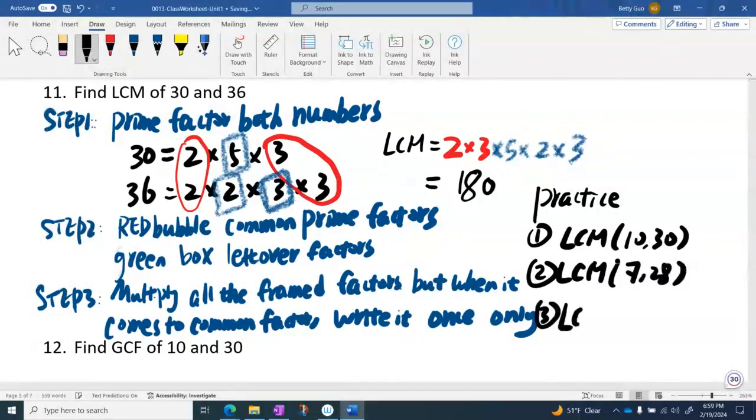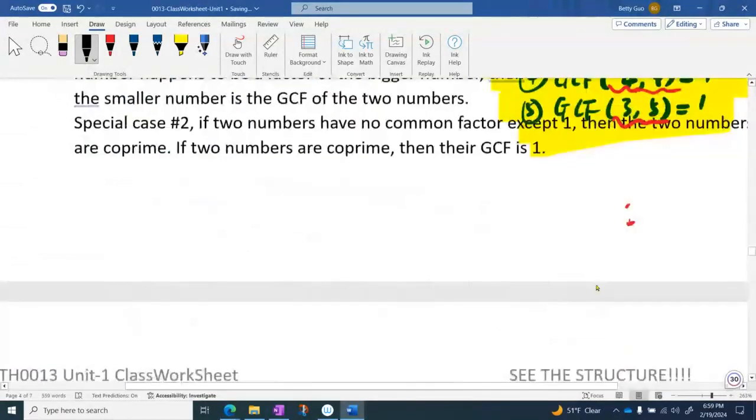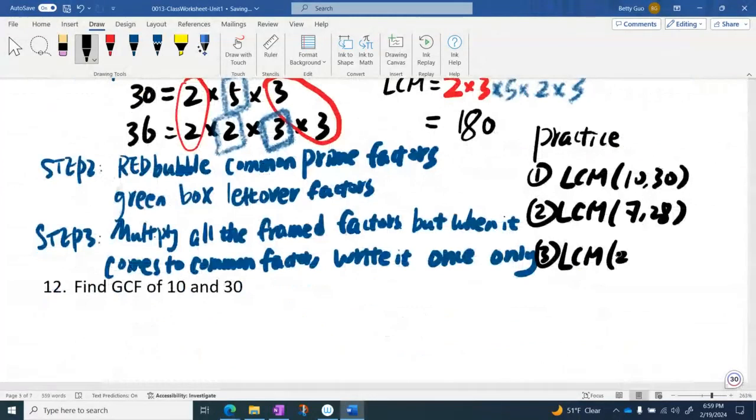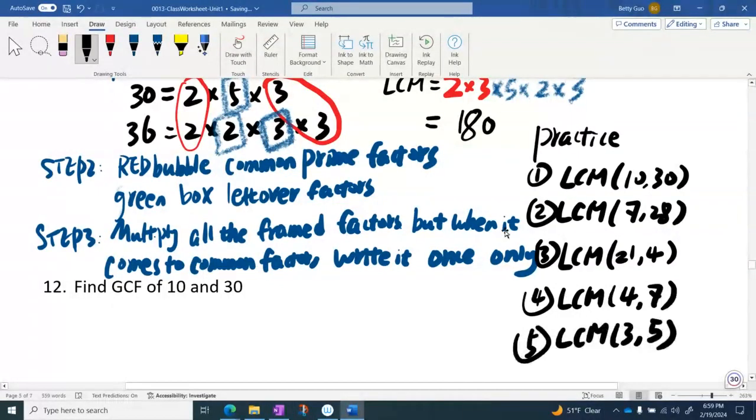Number 3, find the LCM for 21 and 4. Number 4, find the LCM for 4 and 7. Number 5, find the LCM for 3 and 5. Yeah, same 5 pairs of numbers. Earlier we found their GCF. Now we are looking for their LCM.